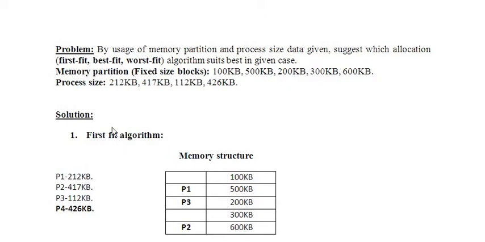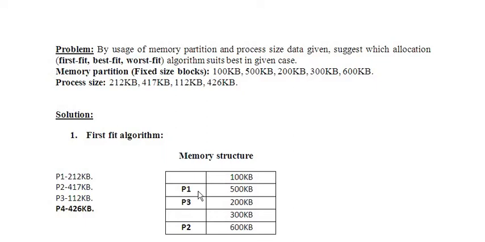Now we will solve it with the first algorithm, which is called the first fit algorithm. What I have done was name 212, 417, 112 and 426 as P1, P2, P3, P4. Either you can name them or leave it, but for our convenience I have taken P1, P2, P3.